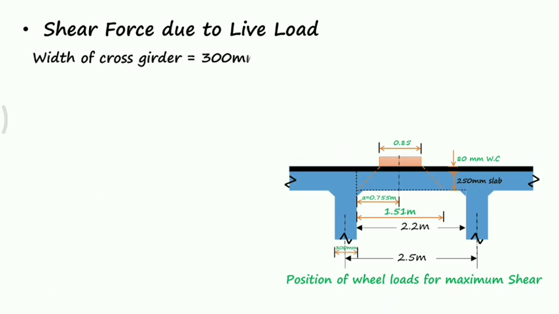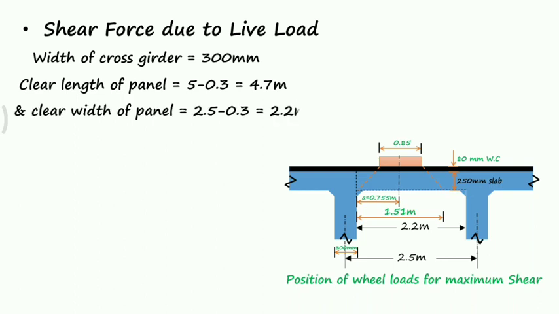Width of the cross girder we have already taken as 300 mm. Clear length of the panel is 5 minus 0.3, equal to 4.7 meter. As well, clear width of the panel is 2.5 minus 0.3, 2.2 meter. Therefore, B by L is 4.7 divided by 2.2, 2.14. So correspondingly, we'll get the value of alpha.